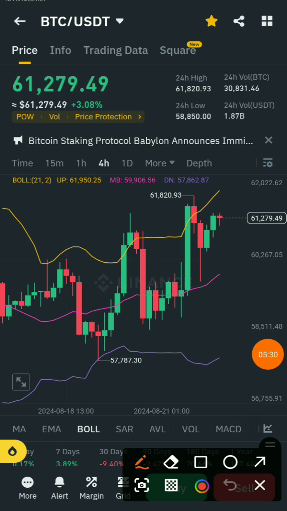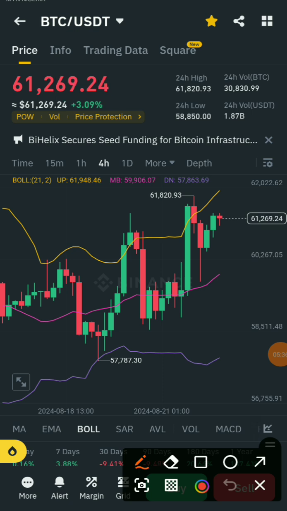And the third signal, guys, is the confirmation. In this kind of signal, the 24 hours high is going to be significantly higher than the current price. So let's use BTC in this example.